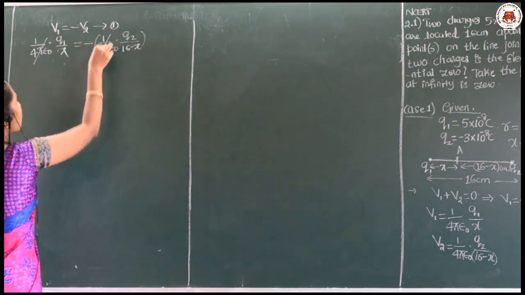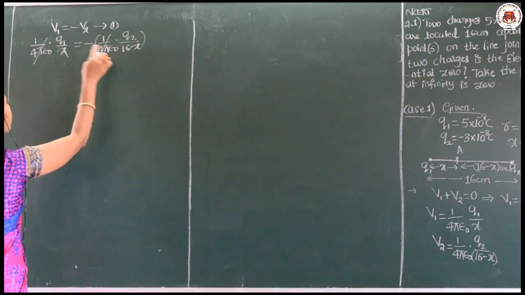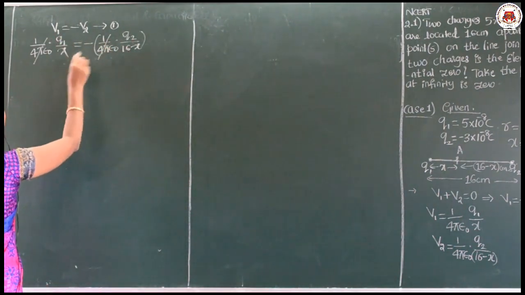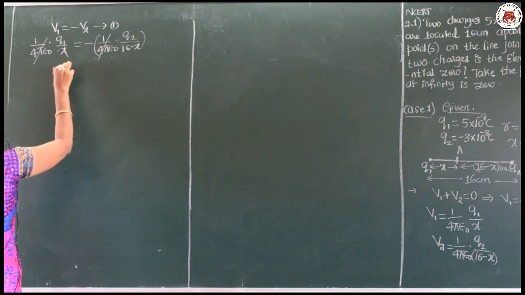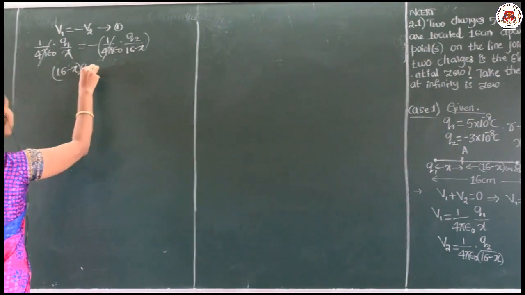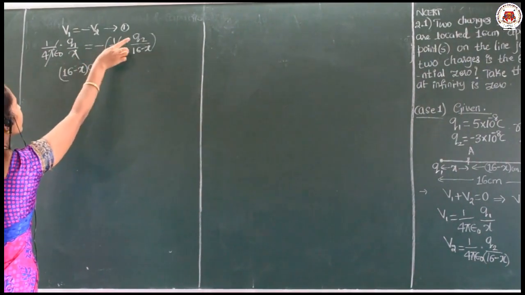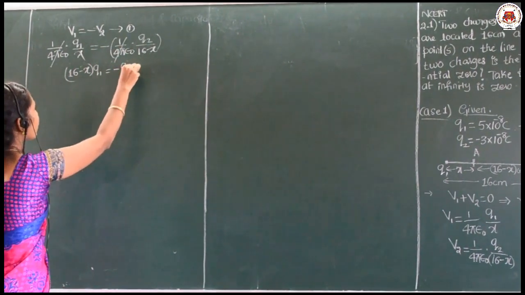Both common terms are cancelled. Then what are the remaining terms? We take the cross multiplication. Here 16 minus x into q1 is equal to q2 into x.